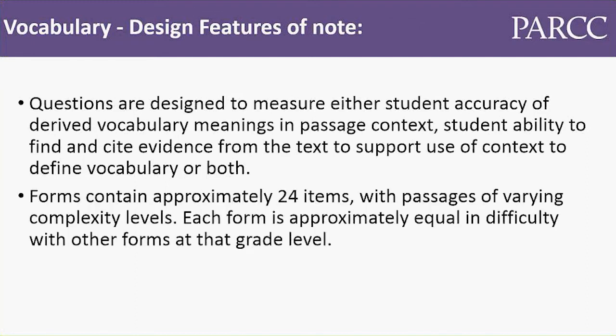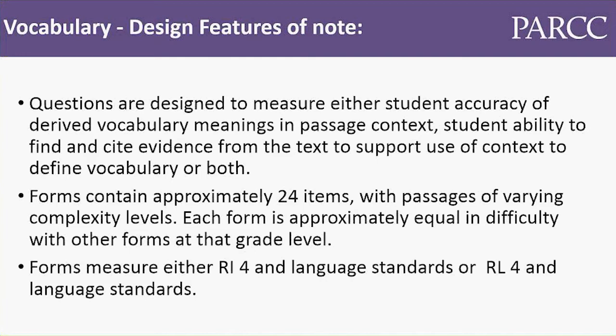The forms contain approximately 24 items. The passages are of varying complexity levels, and like reading comprehension, each of the forms is approximately equal in difficulty with the other forms at the grade level. The forms are designed to measure reading information or reading literature standard 4, as well as some of the language standards.